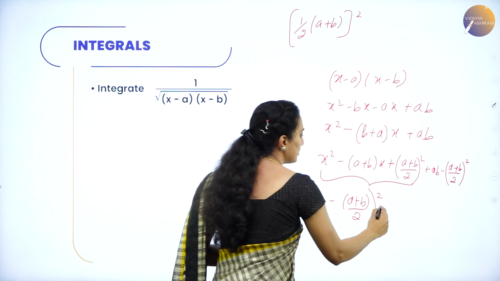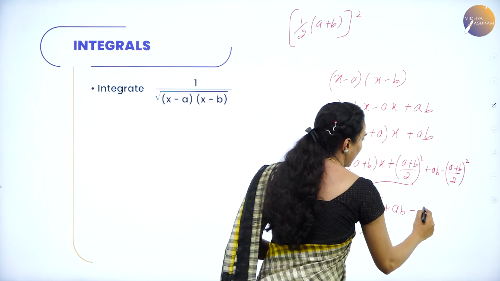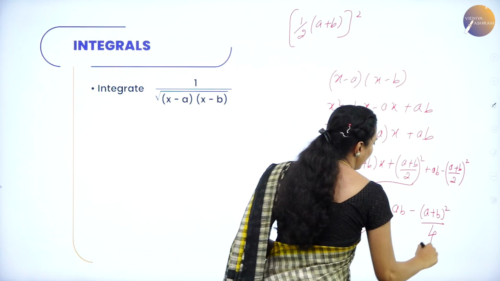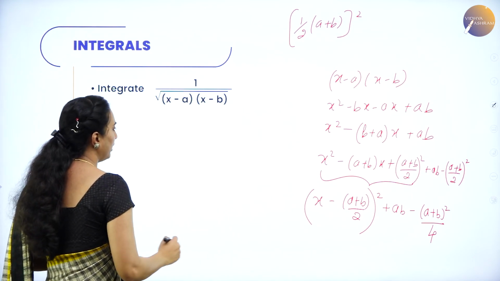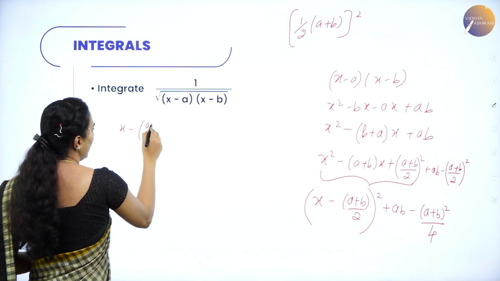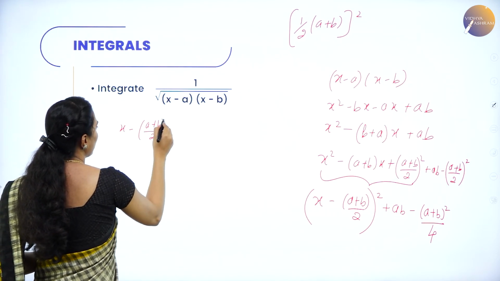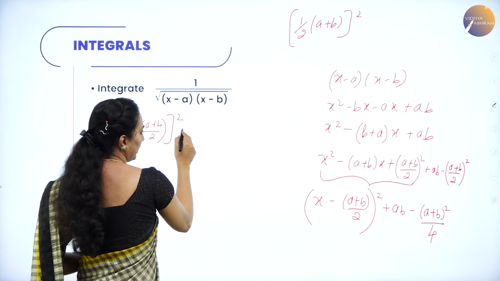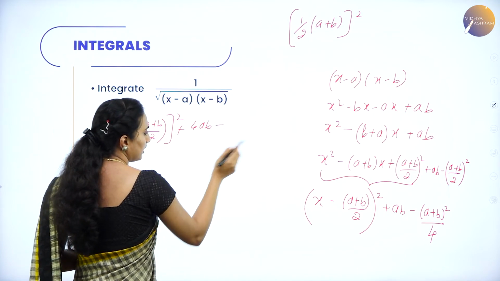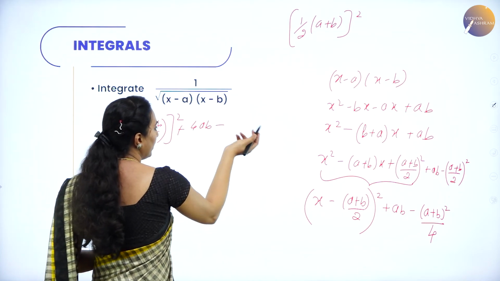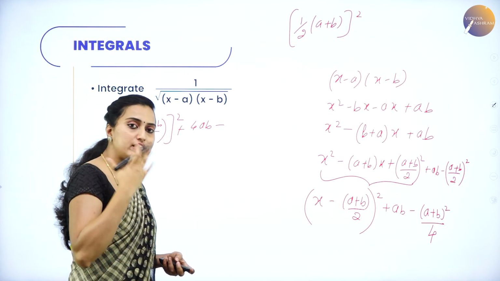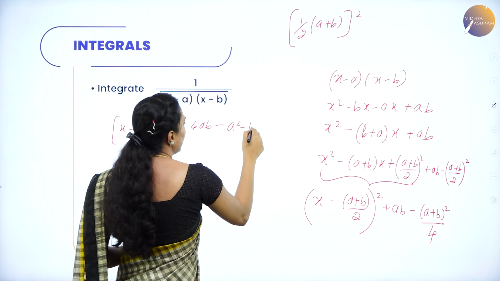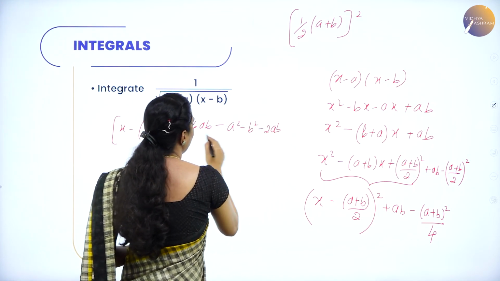Now again simplifying this, plus ab minus (a plus b) whole squared divided by 4. Let me write it here: x minus (a plus b divided by 2) whole squared, plus ab, taking LCM, 4ab minus expanding that, (a plus b) whole squared, which is a squared plus b squared plus 2ab, multiplying minus sign gives minus a squared minus b squared minus 2ab, divided by 4.